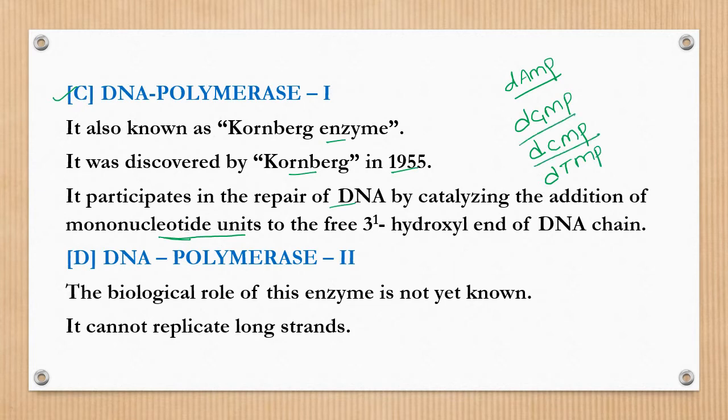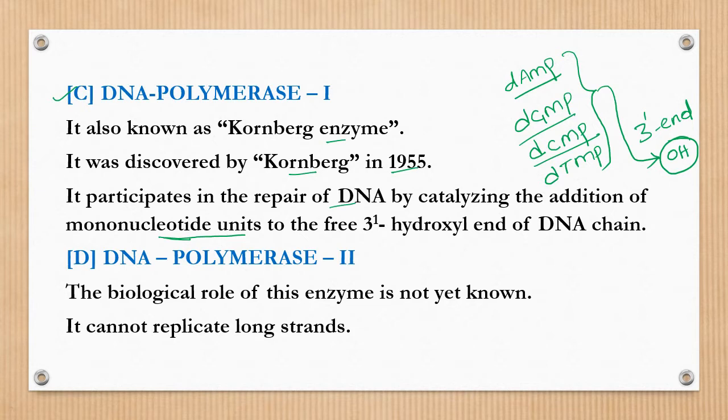These units are added at the 3 end. The 3 end consists of an OH group, hydroxyl group. Any one of these, not all four at a time, any one of these mononucleotides is added to this hydroxyl end or 3 end of the DNA chain. That is regulated by DNA polymerase 1.